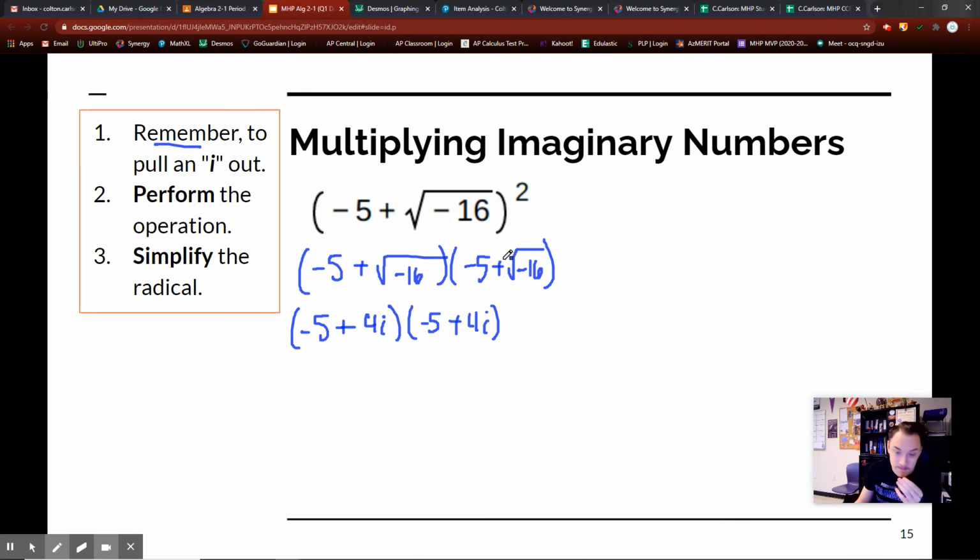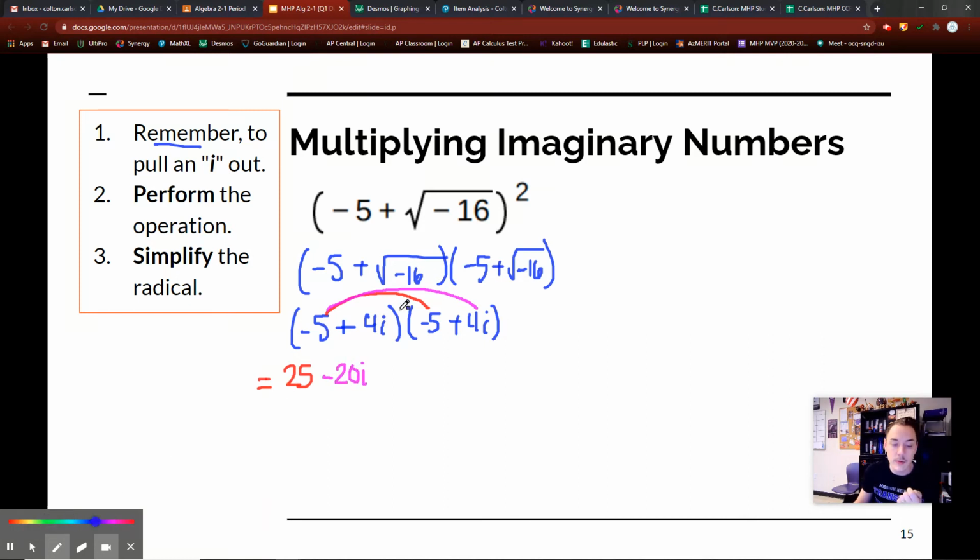Now what I can do is what we call FOIL. Remember, I can FOIL it just like before. My first, negative 5 times negative 5, is 25. My next one, in purple here, negative 5 times 4i, is negative 20i.